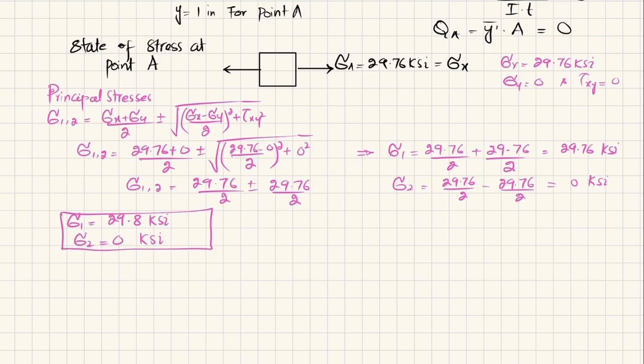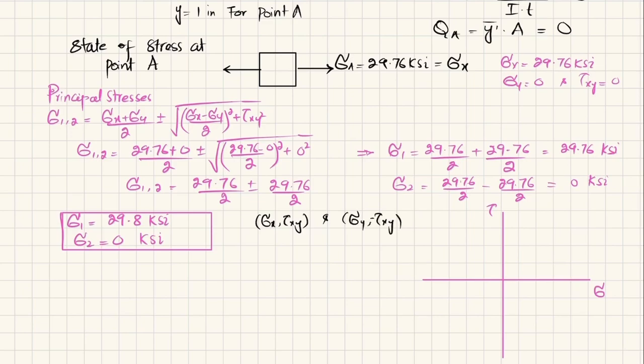Now you can also find this sigma 1 and sigma 2 by using Mohr's circle. This is the horizontal axis and this is the vertical axis. On the horizontal axis we will take normal stress, on the vertical axis we will take the shear stress. For that we will need the pairs sigma x comma tau of xy and sigma y comma minus tau of xy, which is 29.8 comma 0 and 0 comma 0.